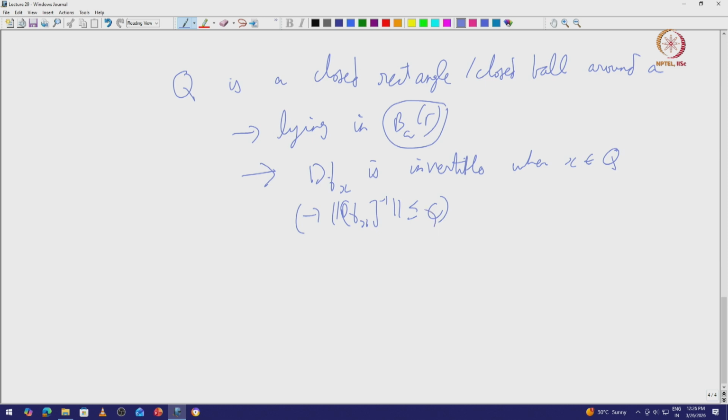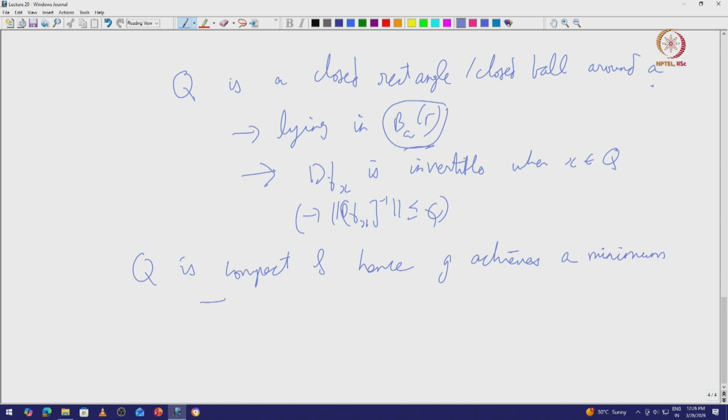So on any closed rectangle around A lying completely within B_A(R), this is true. Okay, so Q is compact, and hence g achieves its minimum.